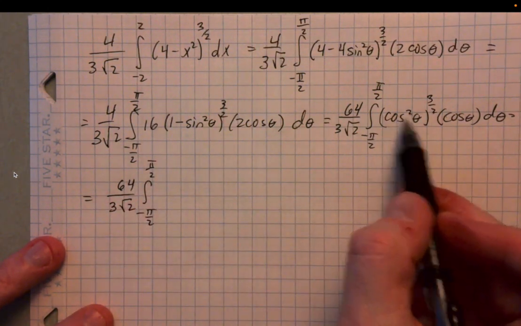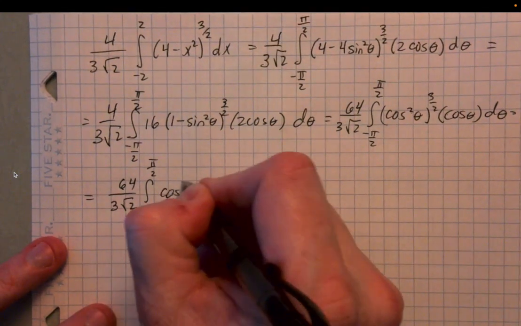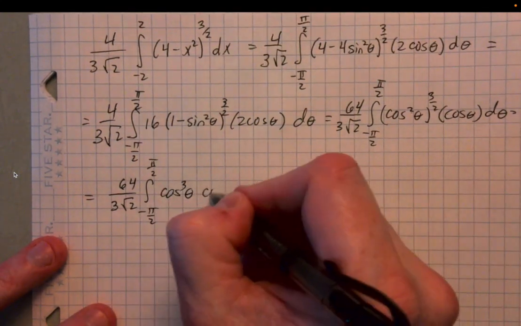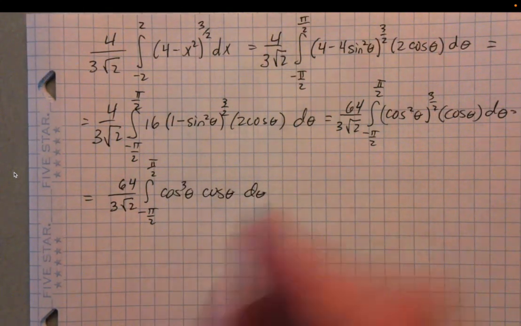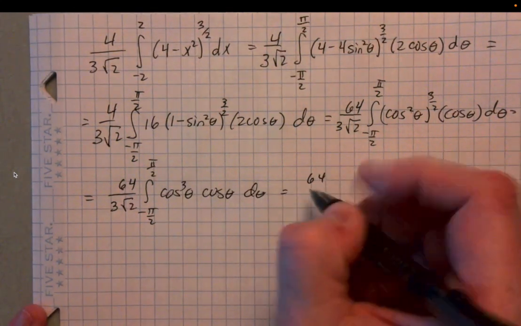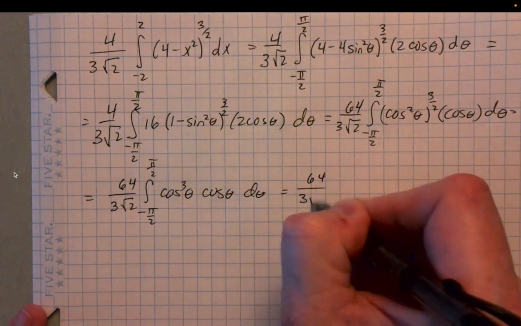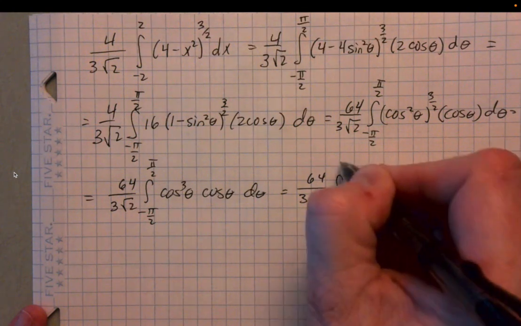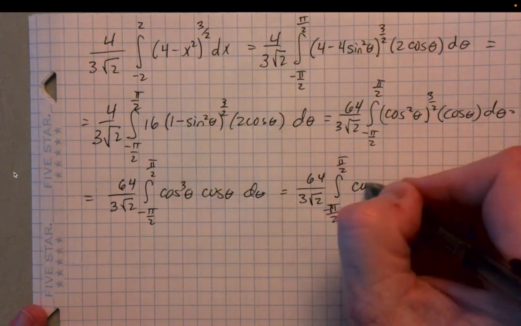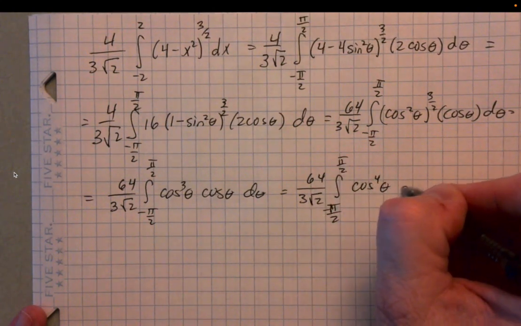And then this is just going to be cos cubed theta. And then that's cos theta, and then d theta. And so finally, I think we get it down into this nice form that we can actually deal with, of cos to the 4th theta.